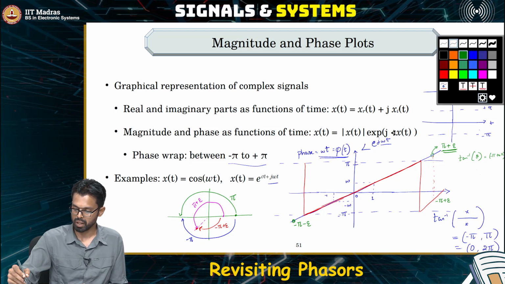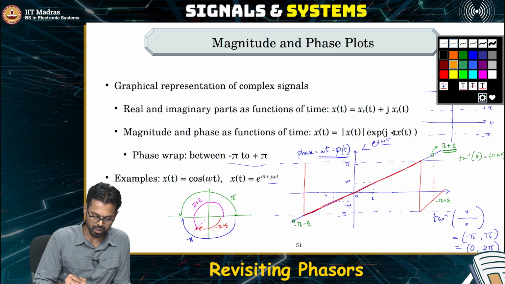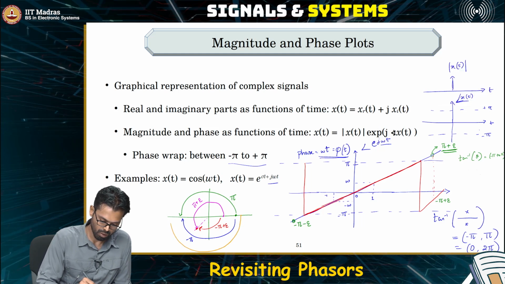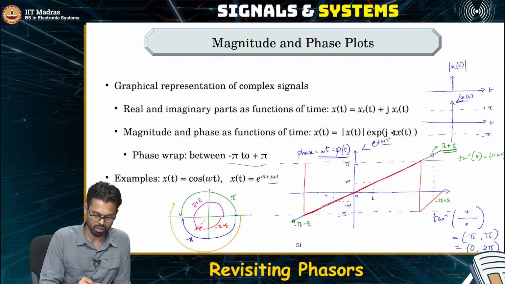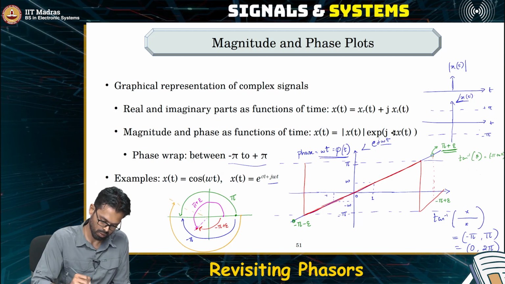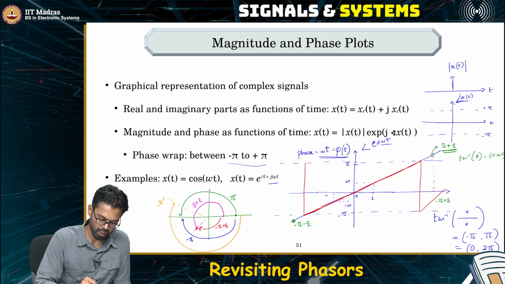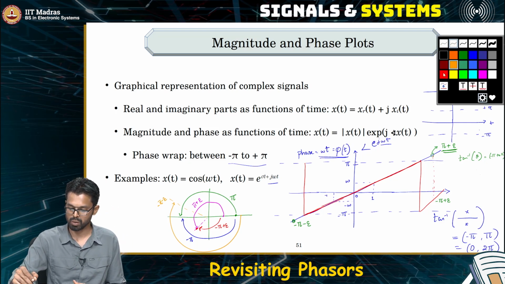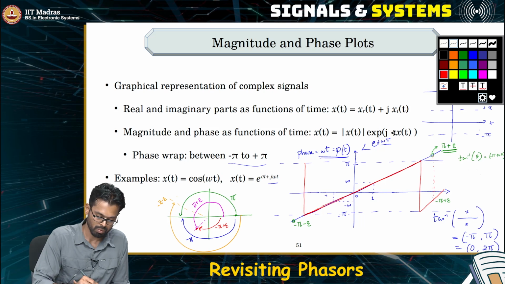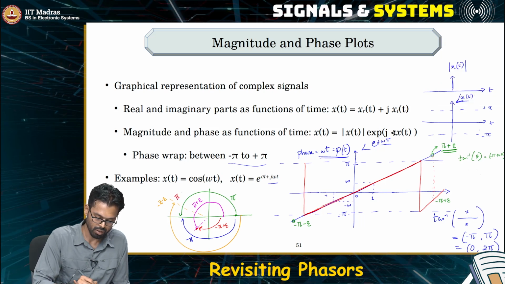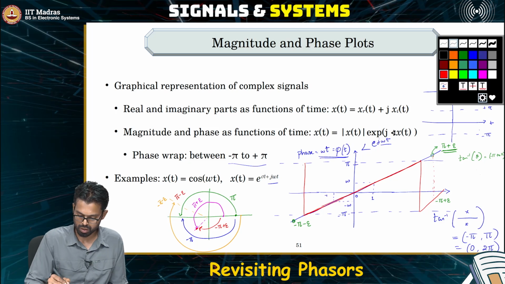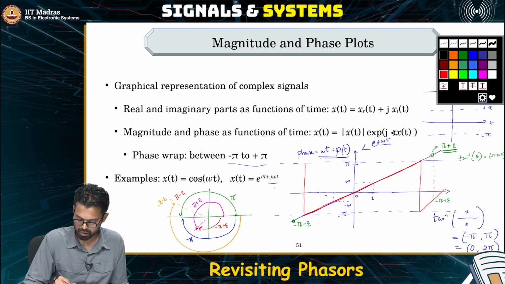Going back to this diagram, minus pi minus epsilon will be somewhere here, which is as good as saying that it is equal to plus pi minus epsilon, and that is what we'll get here.